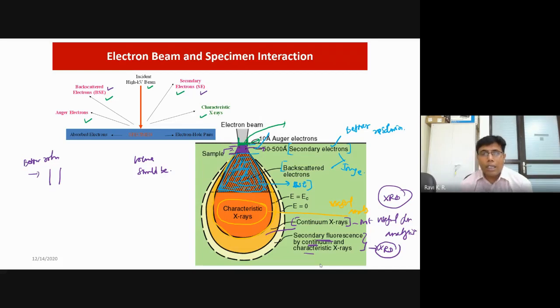Another thing is, if you don't have sufficiently high voltage, you may not get a signal large enough for quantitative measurement, especially since we use this signal in EDS analysis. We'll discuss all these things in detail in the next class.